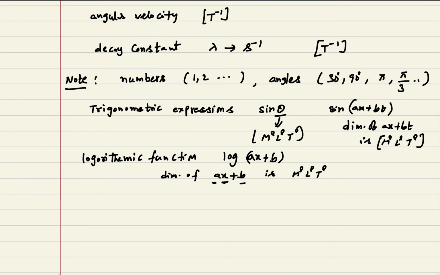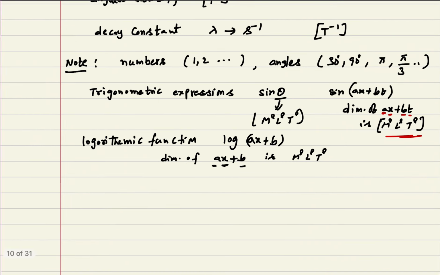Here x may have dimensions, a may have dimensions, b may have dimensions. Understand that in this case also, a, x, b and t may have dimensions, but this ax plus bt is dimensionless. Similarly, later I will tell in the principle of homogeneity that ax and bt also will not have any dimensions.